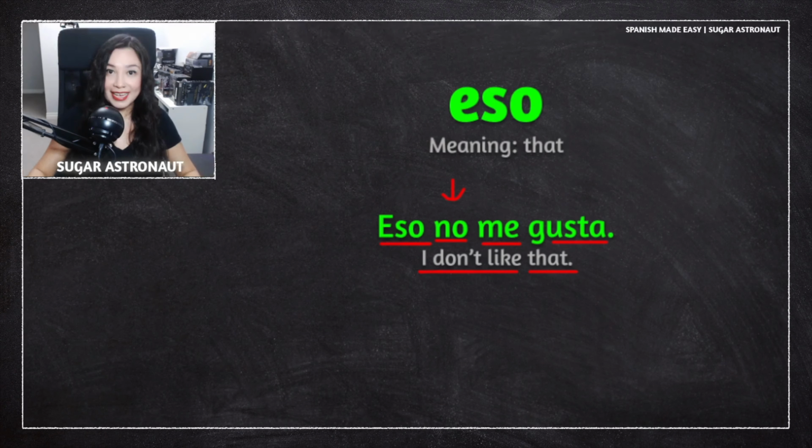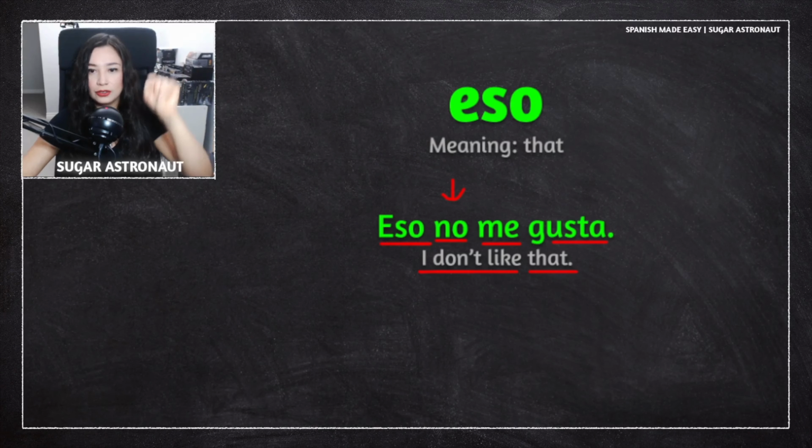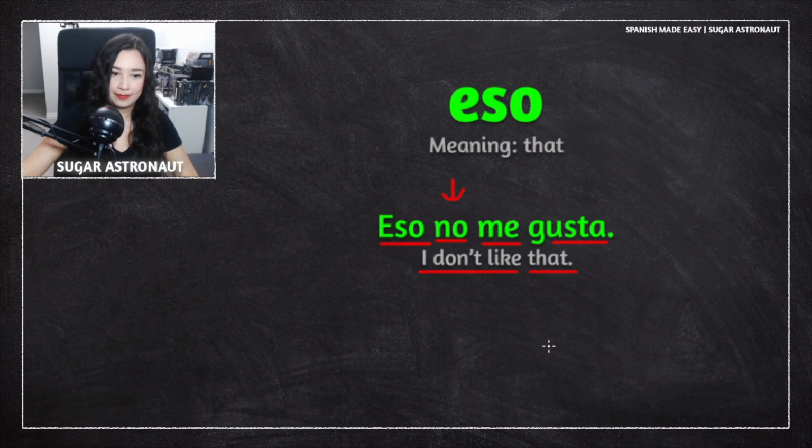It's a bit vague, but we know that this person doesn't like that. Eso no me gusta. I don't like that, okay? So that is an easy example using eso. So let's look at the next example.